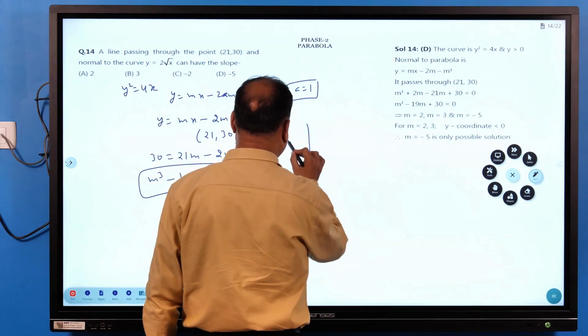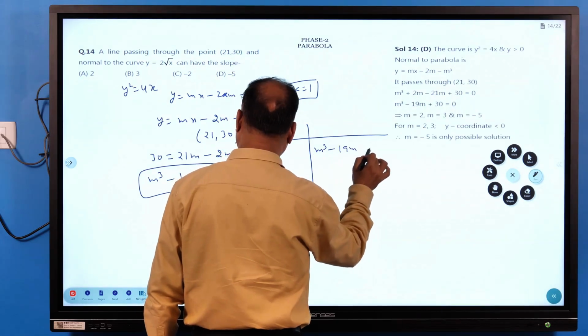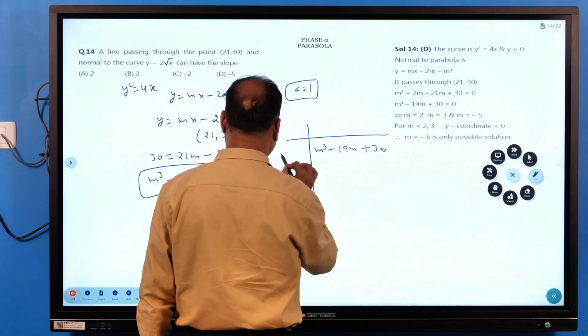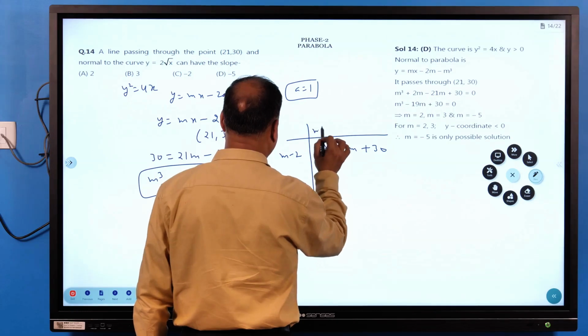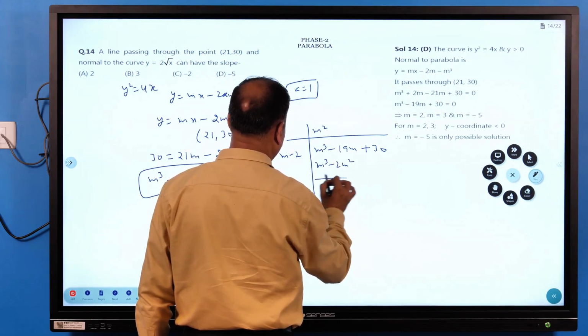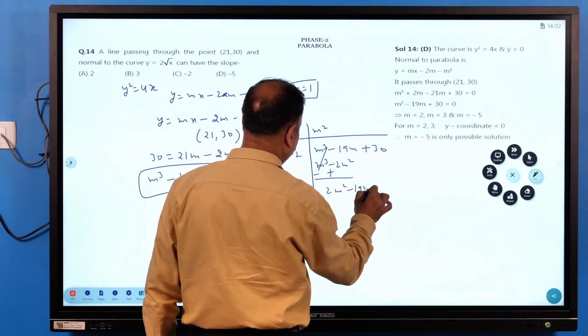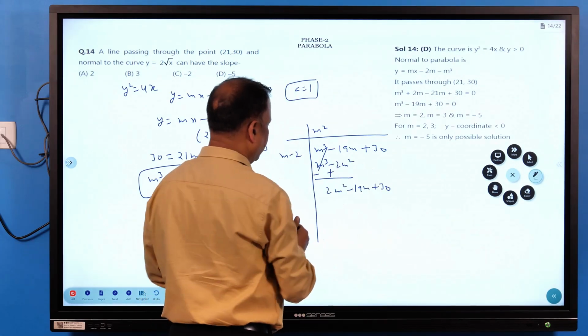In this equation, we have to divide, long division method. m cube minus 19m plus 30 is divided by m minus 2. m square: so m cube minus 2m square, minus plus, this will cancel, 2m square minus 19m plus 30, plus 2m.